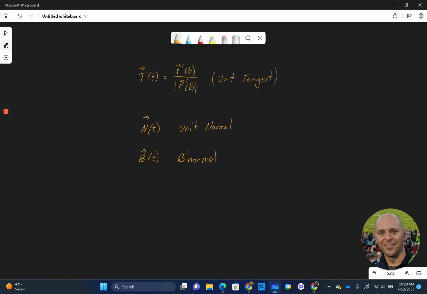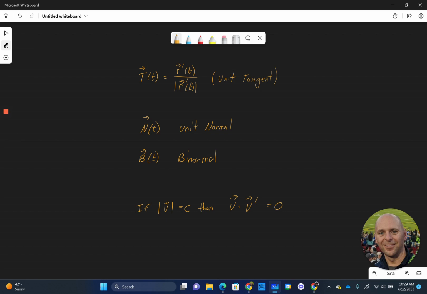And what we're going to do is use a rule that says if you have some vector v and the magnitude of that vector is equal to a constant, then the vector dotted with its derivative is equal to 0. And this is a rule that a lot of books include, but one that we may not necessarily know right off the top of our heads, and that's okay.